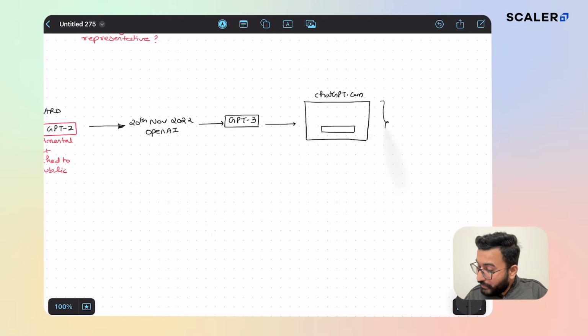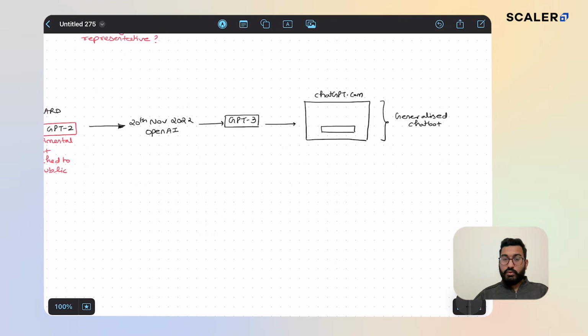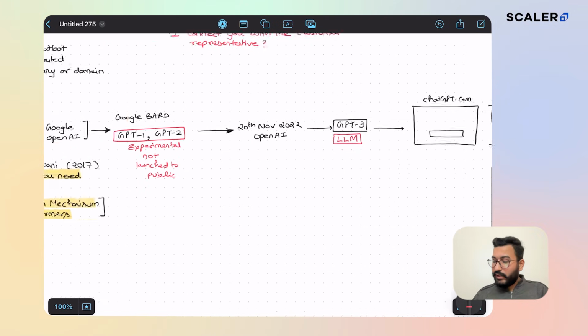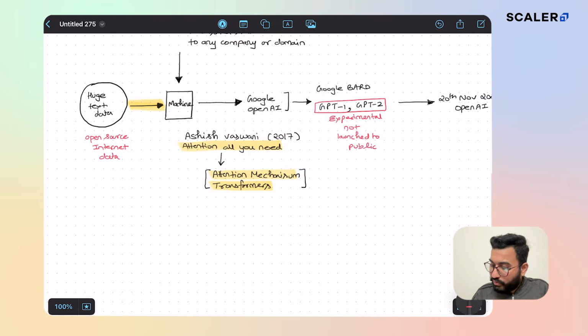So this was basically the generalized chatbot. This particular GPT-3 which they came up with was nothing but the LLM that we know today, large language model. And this is what the machine I was talking about. So these machines are basically the LLMs.